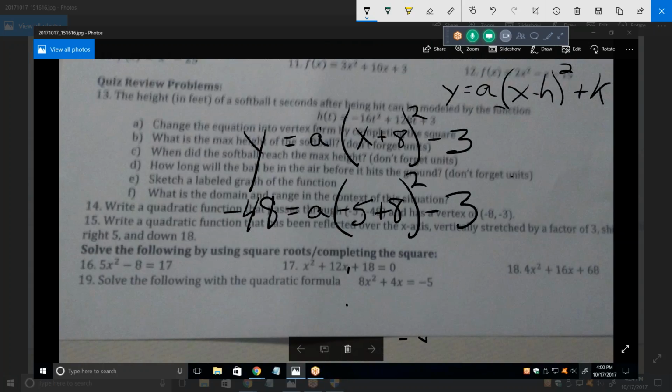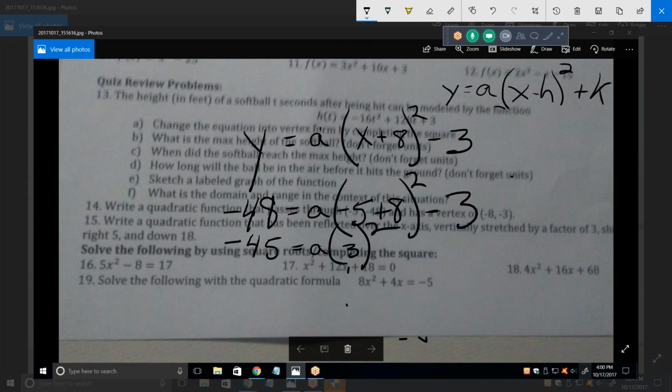Okay, solve that equation. So negative 45 equals a times 3 squared.